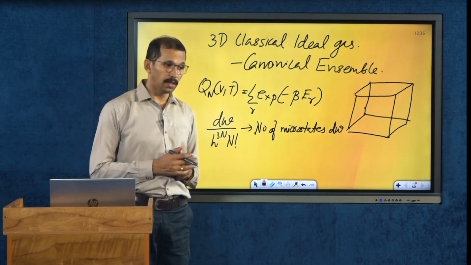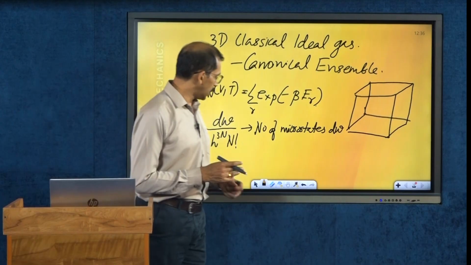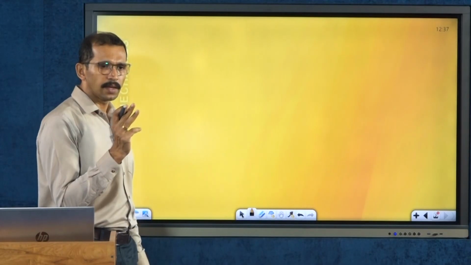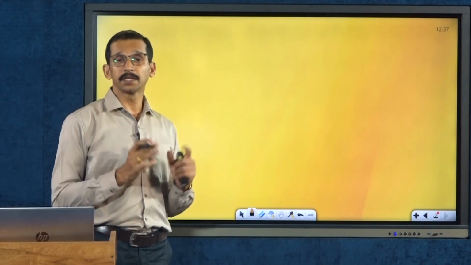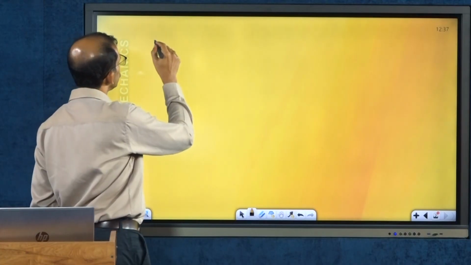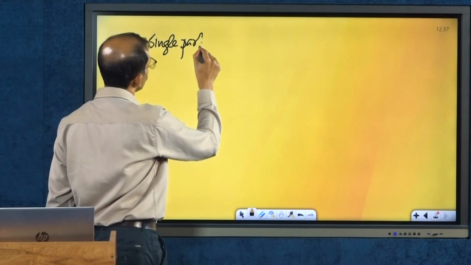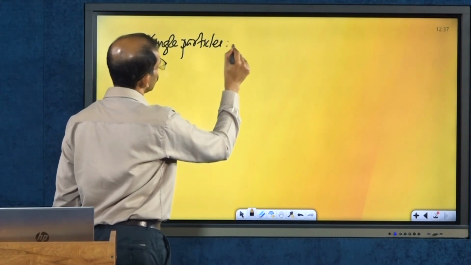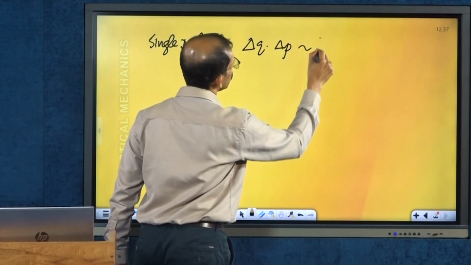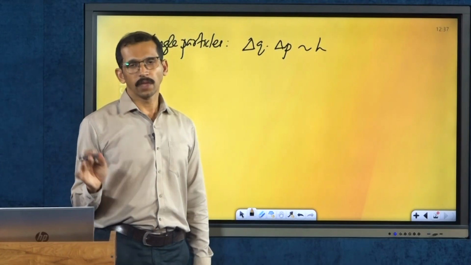Now you may have a doubt about how we reach that number. For that purpose, we know Heisenberg's uncertainty principle, that for a single particle, delta Q into delta P is of the order of h.